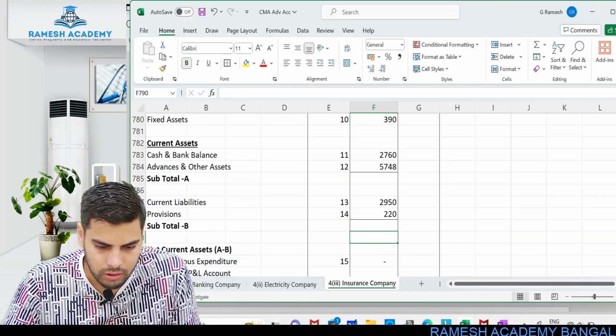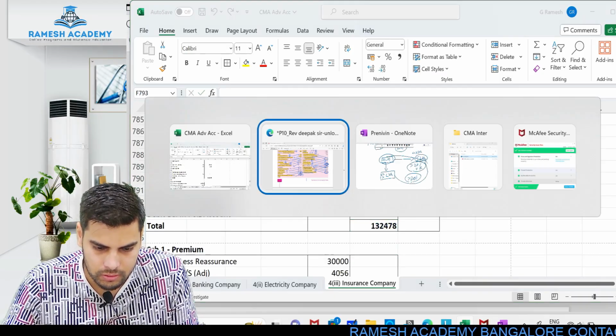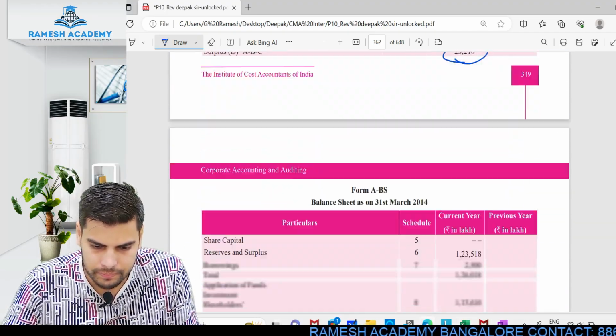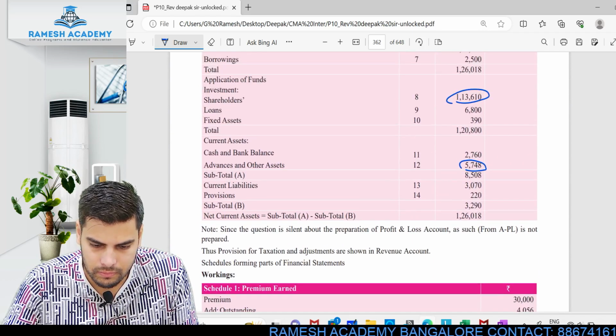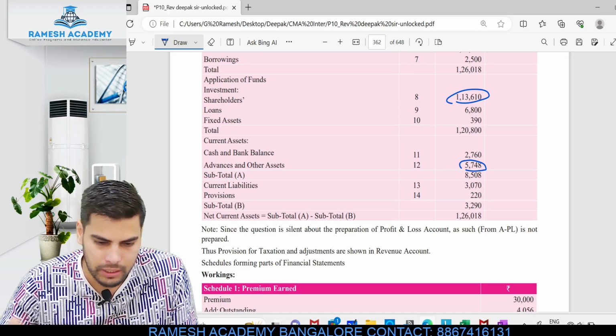How about the total? Here we are getting a total of 134. Just cross check once. Okay, 1,20,800 is the total.